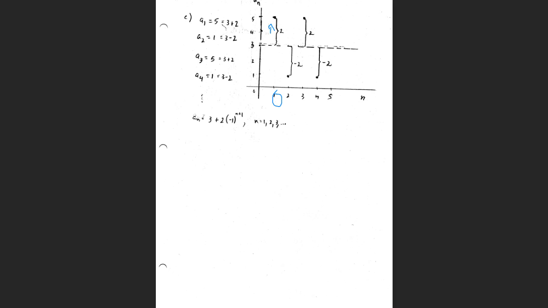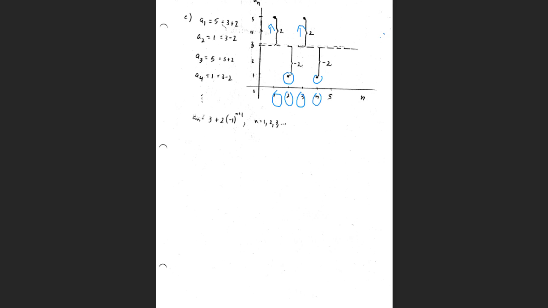And where n is 2, the sequence equals 1. When n is 3, the sequence value is 5. When n is 4, the sequence value is 1. And so really this is just a picture of the sequence.